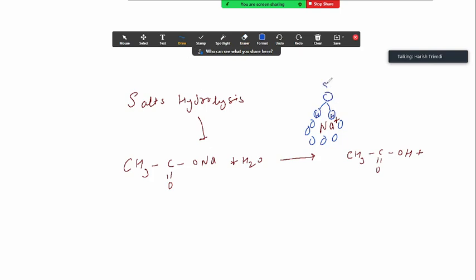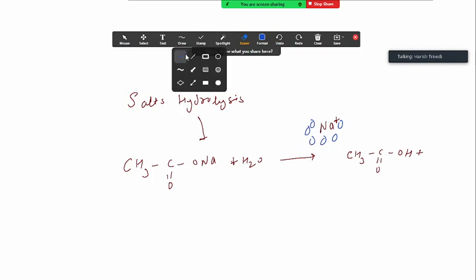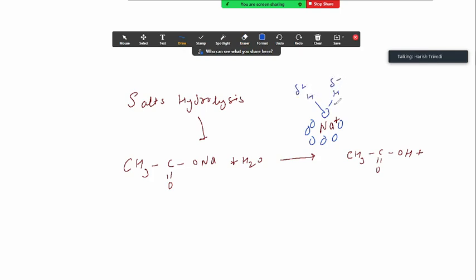The oxygen is partially negative and these are partially positive, delta plus and delta minus.